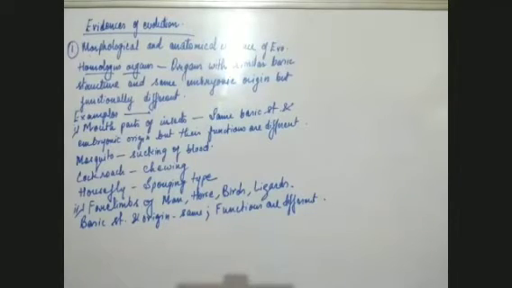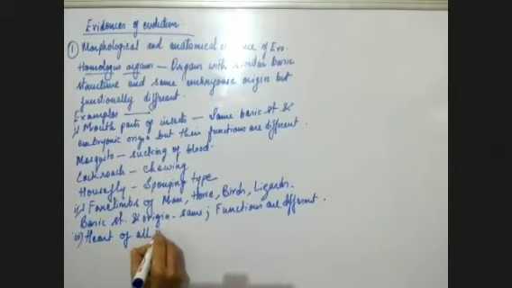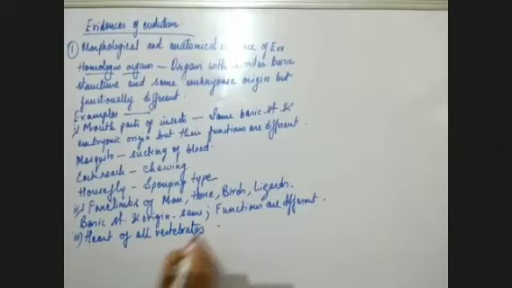Then we have one more example. This is the heart of all vertebrates. If you see the heart of all vertebrates, the basic structure and the origin is same, but where does it differ?